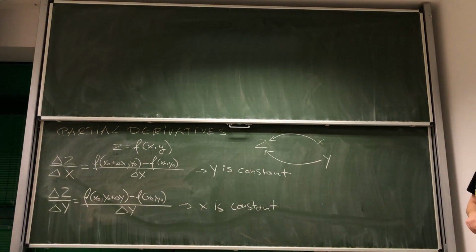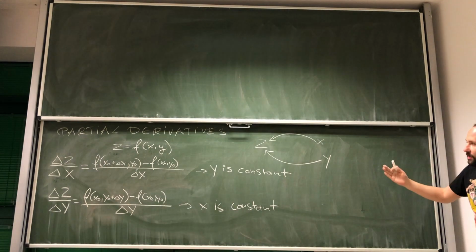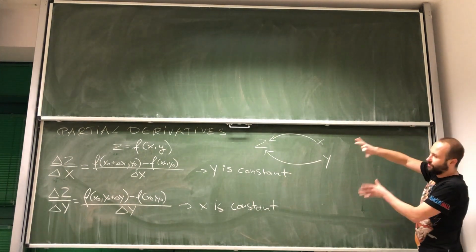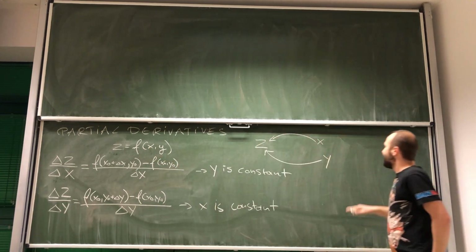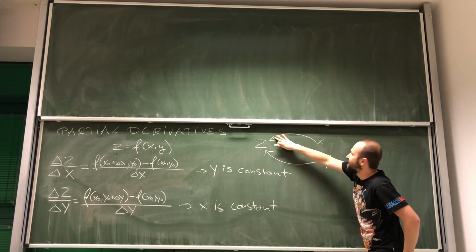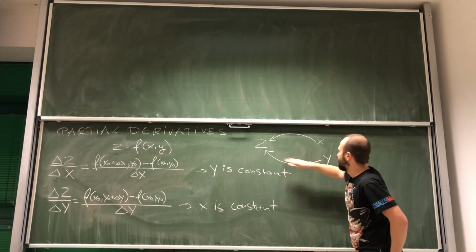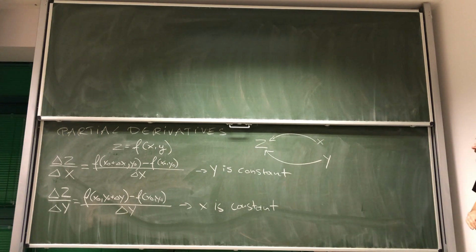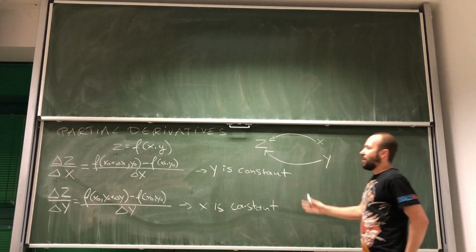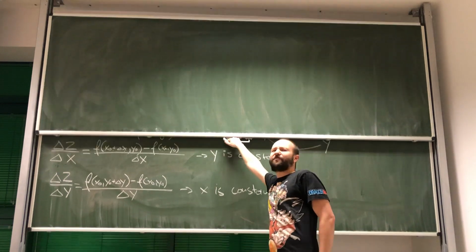Okay, so we see that when z is a function of two variables, we can actually separate the impact of those two variables on z and calculate each of them separately.